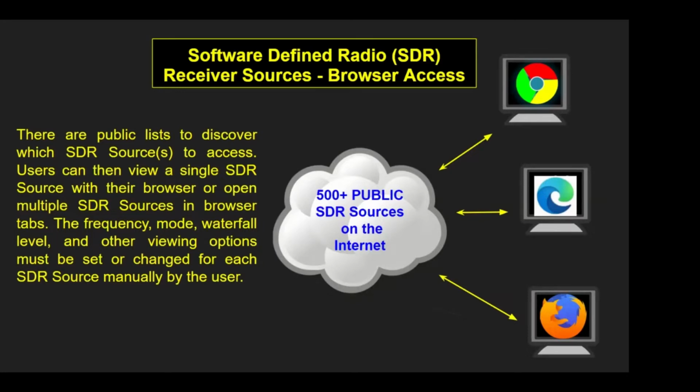So particularly if you get to a scenario where there's multiple, these viewing options can be changed, but manually by the user, and it gets complicated when you have multiple SDRs operational. So another way to do this is using my system.